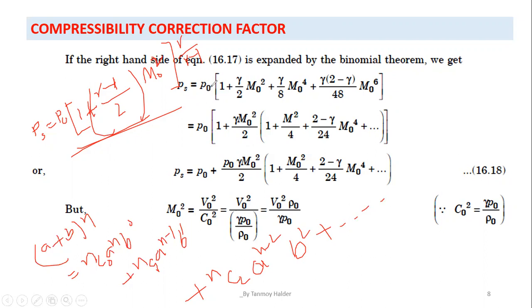So here also I have taken this term, 1 plus gamma minus 1 by 2 Mo square whole to the power gamma by gamma minus 1, and I have done the binomial expansion of this one, and after that I have gotten this term, right? Once I get this term, from this whole term I'm taking gamma by 2 Mo square common, right? So I'm left with this term.